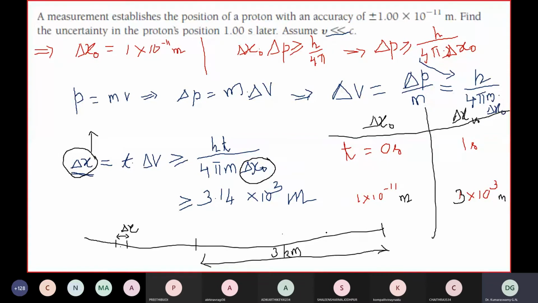Proton is so small, 10 to the power of minus 16 meter size, and it could be found anywhere within this 3 kilometers. That is the uncertainty it has. This uncertainty has happened because its previous position, at 0 second, was measured very precisely. So next moment we are losing on it.